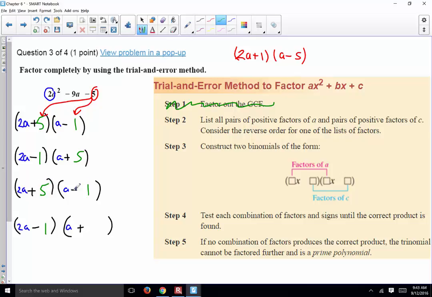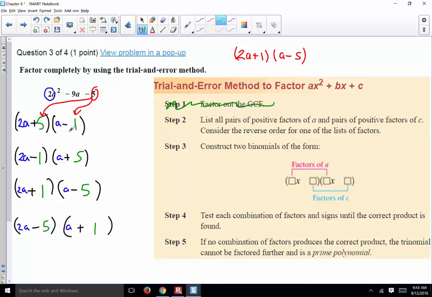Look, it's the same pair. Don't go with the same pair. This is wrong. This should be positive 1. You already picked positive 5. We didn't pick positive 1. Negative 5. Negative 1. No, that's not negative 1. Negative 5 and positive 1. Make sure each pair is distinct.